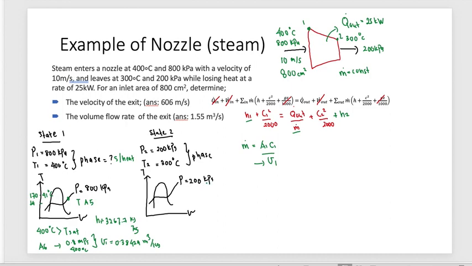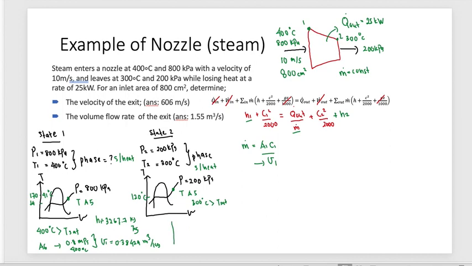At P equal to 200 kPa, I refer to table A5 and the saturation temperature is 120 degrees Celsius. Given here 300 degrees Celsius, which means it is greater than T saturated. So I know that the phase at state 2 is superheated.